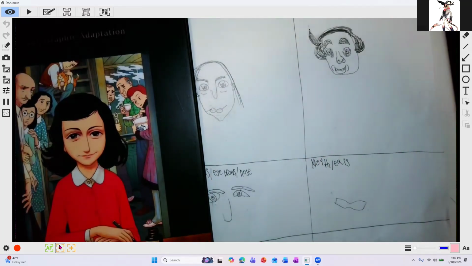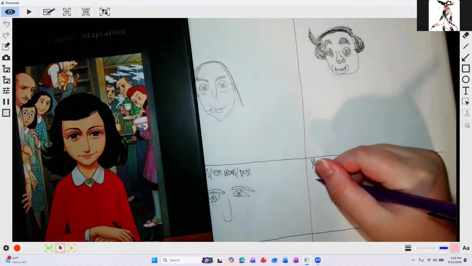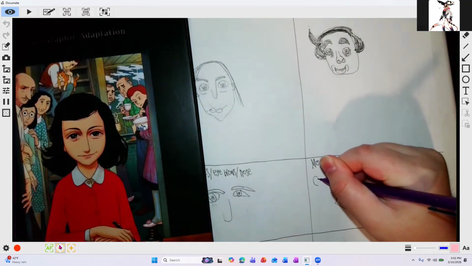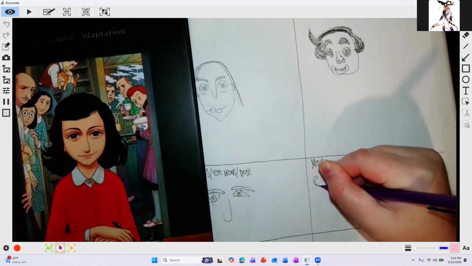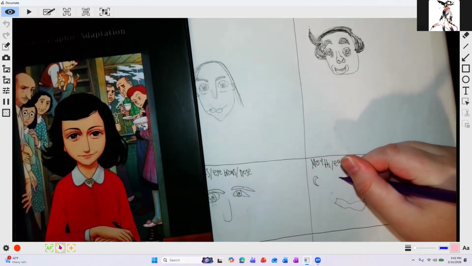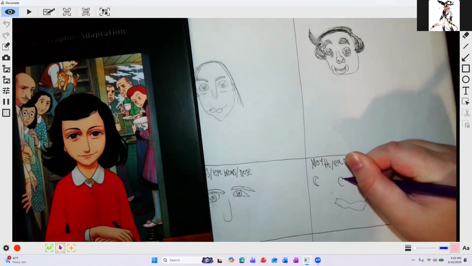And then the ears. This also includes some contour lines again in the cover. We can't really tell where the ears are, or what they look like, but we know they're there, they exist. So for the ears, I'm just gonna do the outside and the inside shape.